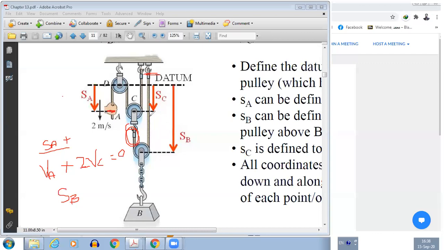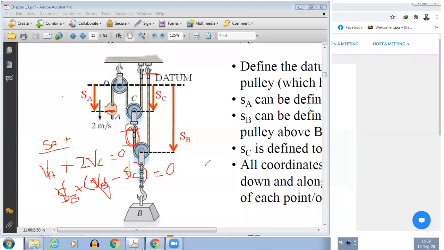If this total is SB and this one is SC, ignoring the constants, then this part of the rope, which is a variable, would be SB minus SC. So this plus SB minus SC equals, if I write in terms of the velocities, VB plus VB minus VC is equal to 0.